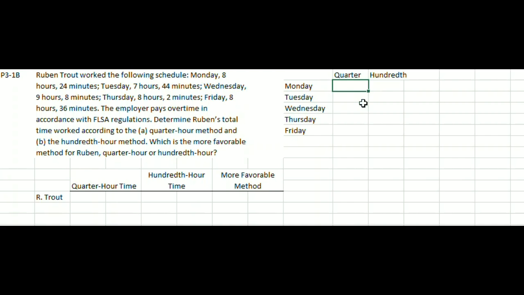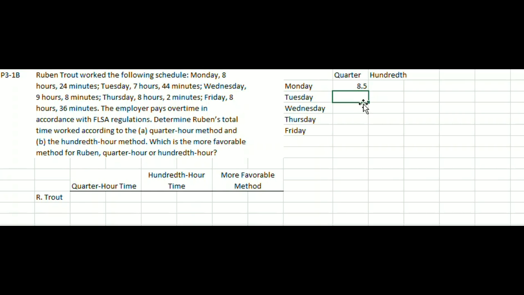With quarter hour, anything that is closest to the quarters, which is 15, 30, 45, or 0, will be rounded to it. Anything that is less than halfway there will be rounded down to the previous quarter. So 24 minutes is closer to 30 than it is to 15, so he will have worked 8.5 hours on Monday.